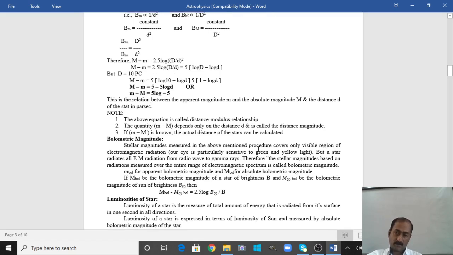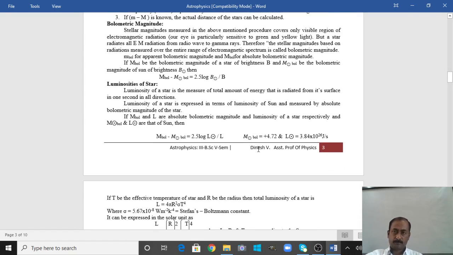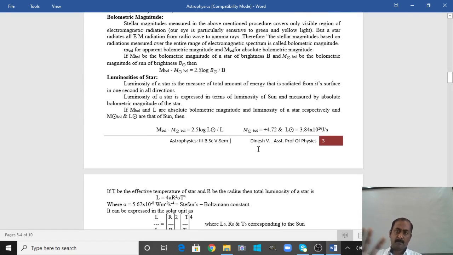Let us see the bolometric magnitude. What do you mean by bolometric magnitude? Here, stellar magnitudes measured in the above mentioned procedure cover only the visible region of electromagnetic radiation, because our eye is particularly sensitive to green and yellow light only.